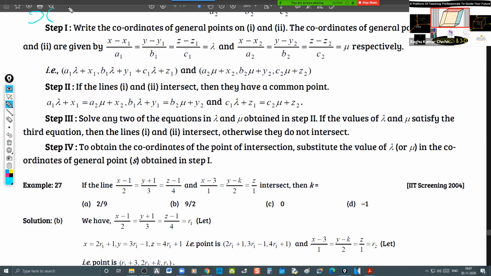Let me write (x minus 1)/2 = (y plus 1)/3 = (z minus 1)/4, and (x minus 3)/1 = (y minus k)/2 = z/1 are intersecting.